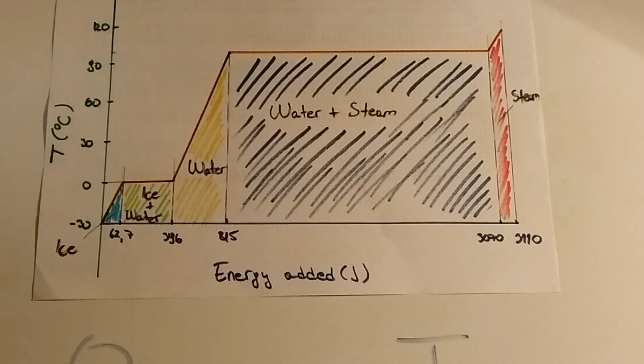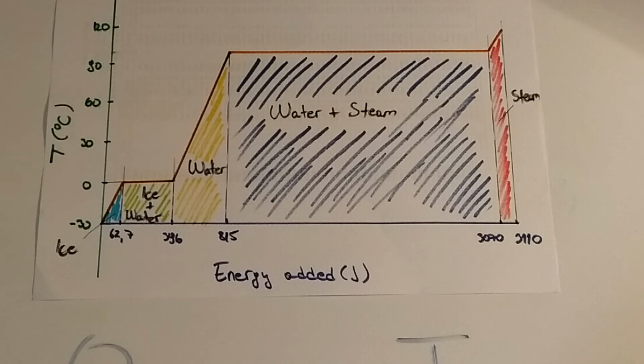The last thing I want to mention is that since steam at 100 degrees Celsius has much more energy than water at 100 degrees Celsius, if our skin comes in contact with steam at 100 degrees Celsius, that's much more painful. First the steam has to condense into water, and then the skin will absorb the energy coming from the water, and then the temperature of the water will drop.